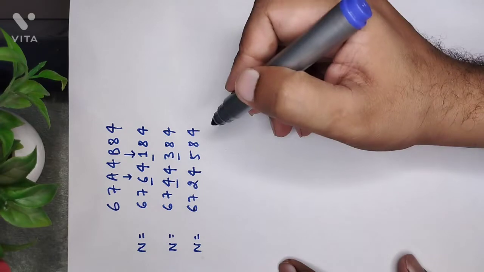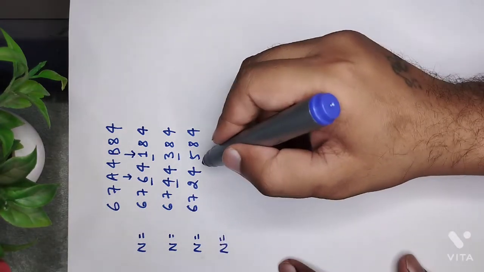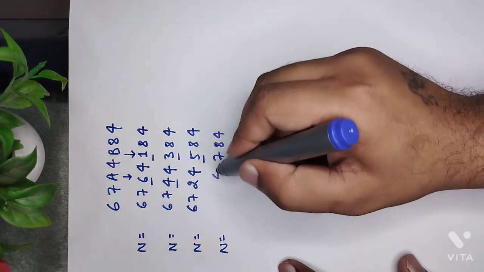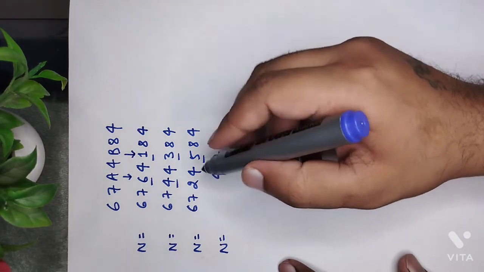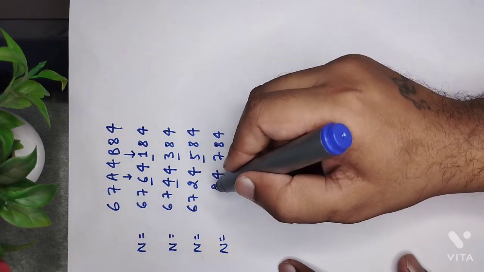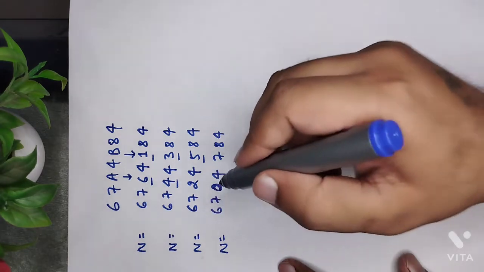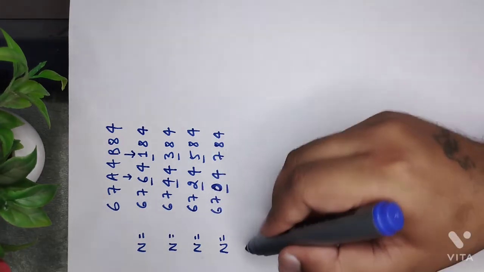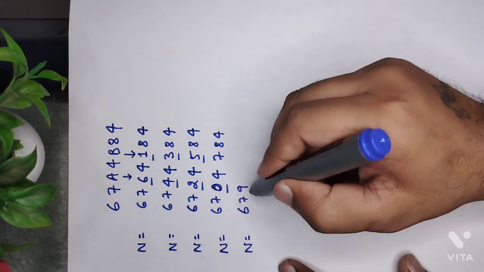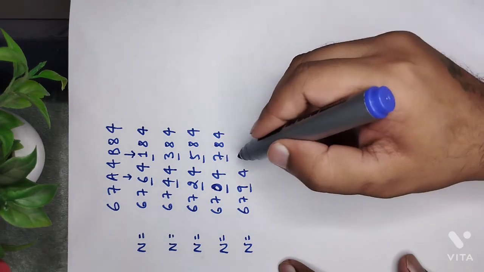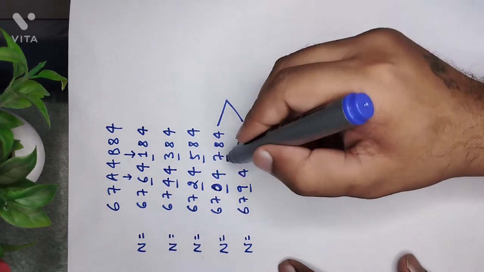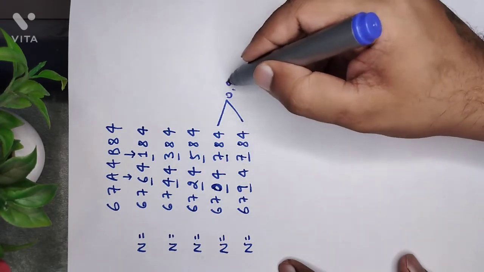So this can be the possible number. Another one, when we got the value of b as 7, in that case we got the value of a as 0, and in that case we got two different values of a. The another value was 9. So we got two different values for the same 7, that is 0 and 9.